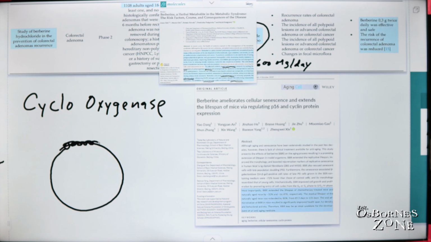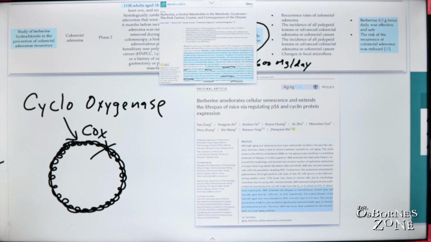Your cells contain a bilayer of phospholipid around the outer layer, and inside that bilayer you have an enzyme called COX. When a cell is damaged, this enzyme is released and it starts to drive the inflammation process.